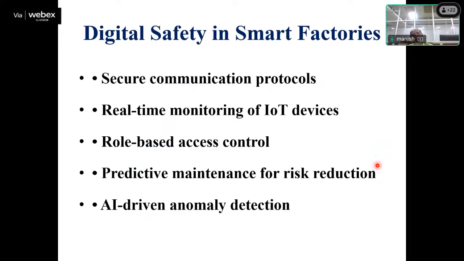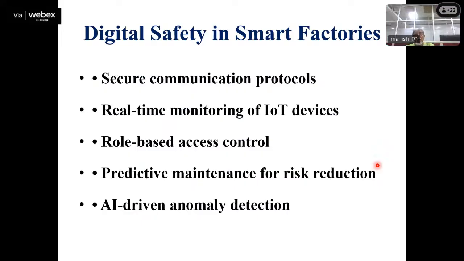Now, in smart manufacturing and smart factories, digital safety involves communication protocols. You have to have secured communication protocols. This is what I tried to hint at: whenever there is communication between any two IoT devices, or between the data storage and data users, the communication protocol has to be made perfect and secure.